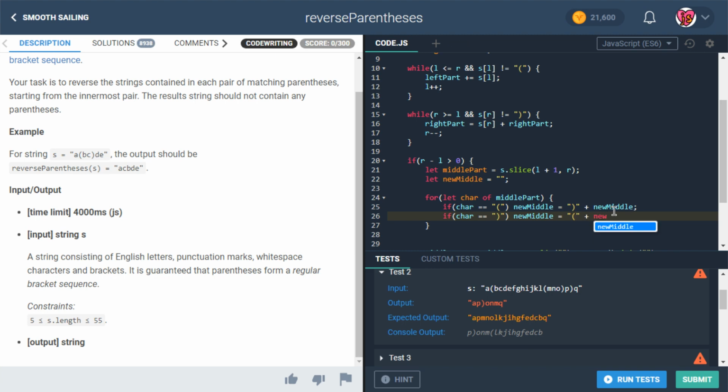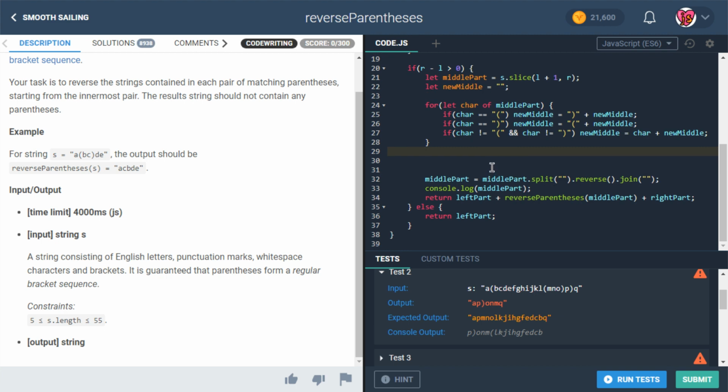I'm basically just trying to add the characters on one at a time. And then if it's neither of those, so if character is not equal to open parenthesis and character is not equal to close parenthesis, then we'll just say new middle is assigned the value of character plus new middle. Okay, so there we go.